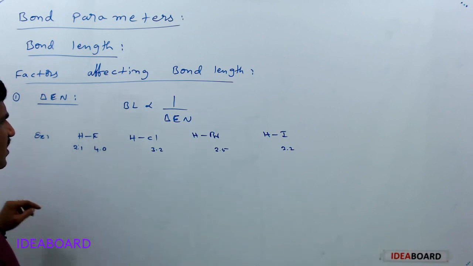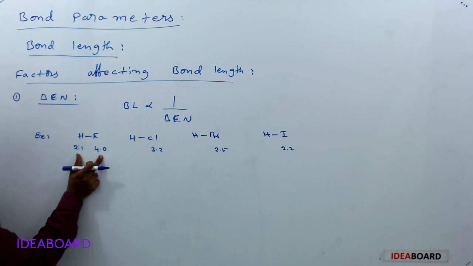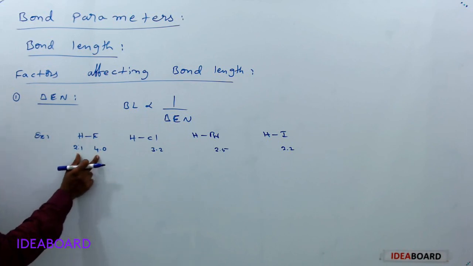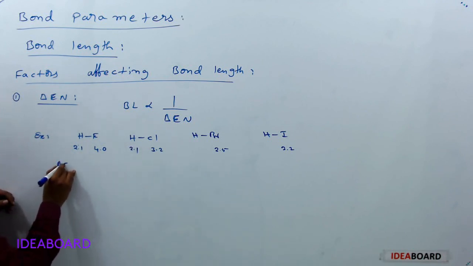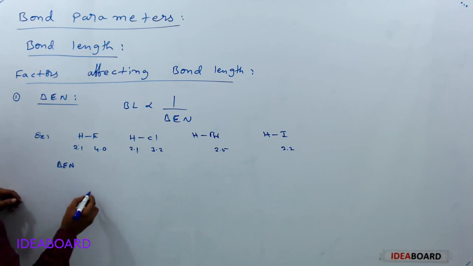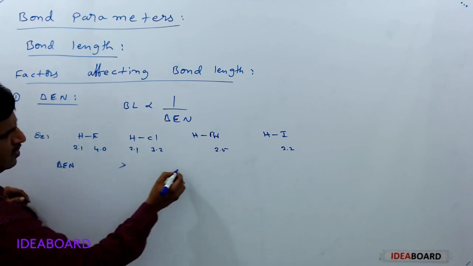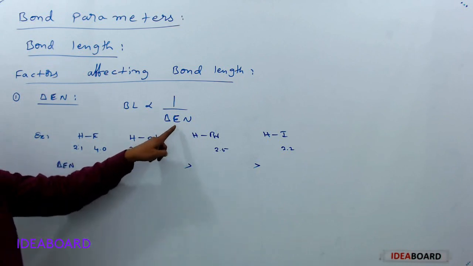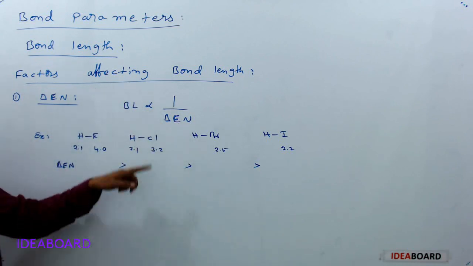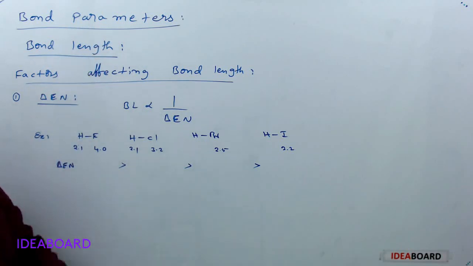Whenever the electronegativity is more, the difference between the two is more, nearly 1.9. So what is happening to the delta EN value? It decreases gradually. Whenever the electronegativity difference decreases, the bond length value increases.